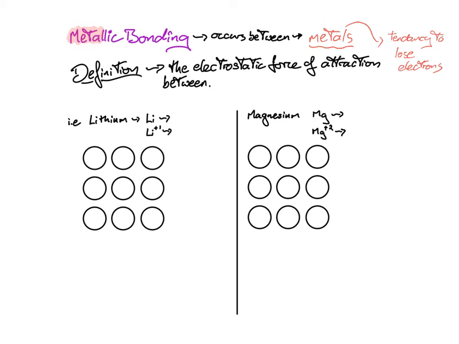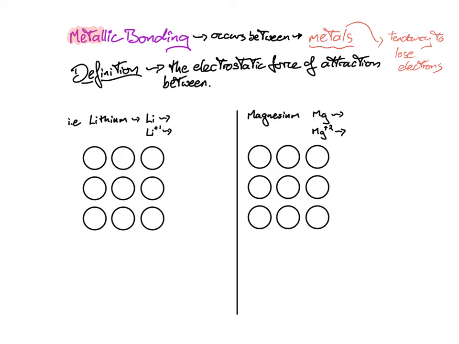These delocalized electrons are free to move in and out and through the structure. And because of that, this allows metals, for example, to conduct electricity, something we'll look at in more detail in another video. So, let's look at a couple of examples and then come back to the definition.